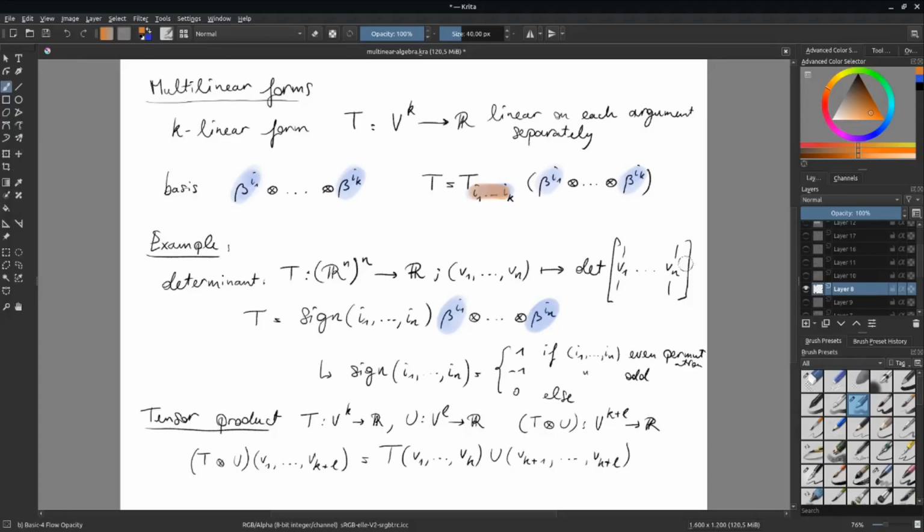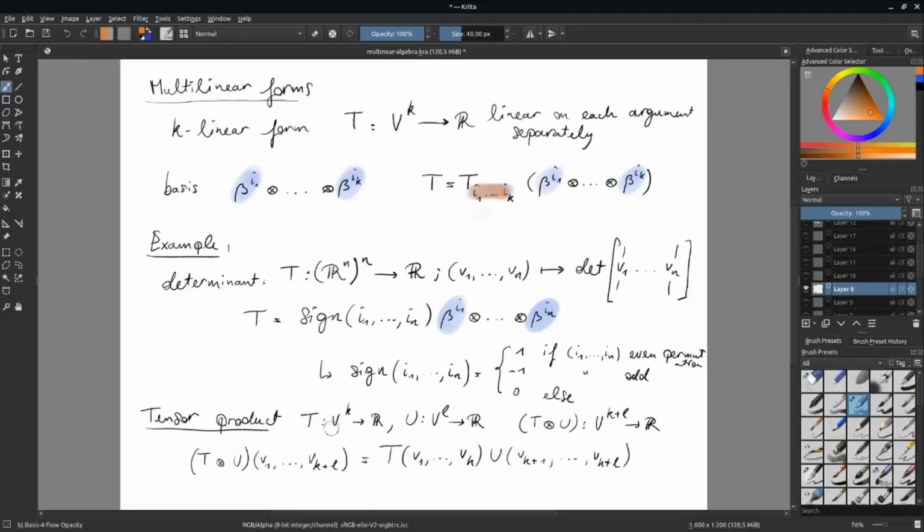Okay, so that was one example of a k-linear form, and we can actually cook up any number of them just using whatever coefficients we like. And remember, we originally constructed my initial example of a bilinear form by taking the tensor product of two one-forms, and I can easily take the tensor product of two k-forms, or even two different ones.